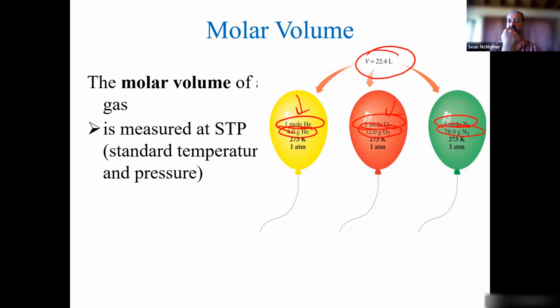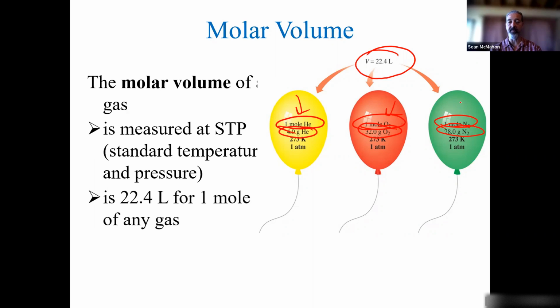So the actual volume of the gas is negligible compared to the volume of the container. It doesn't matter that the mole of helium weighs less than the mole of O2, it's the same number of particles. So the volume that it occupies based on those collisions is the same under these conditions.